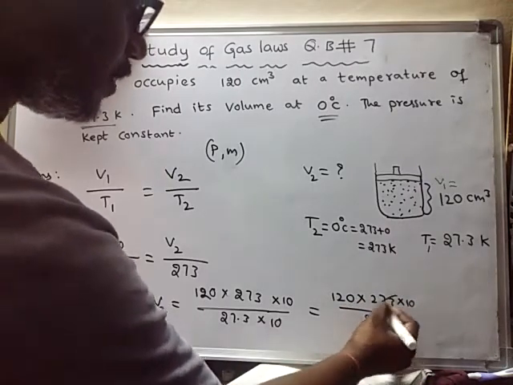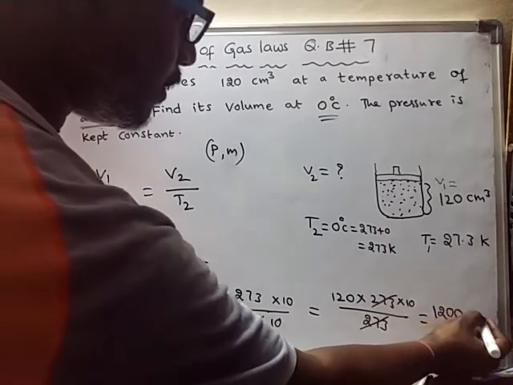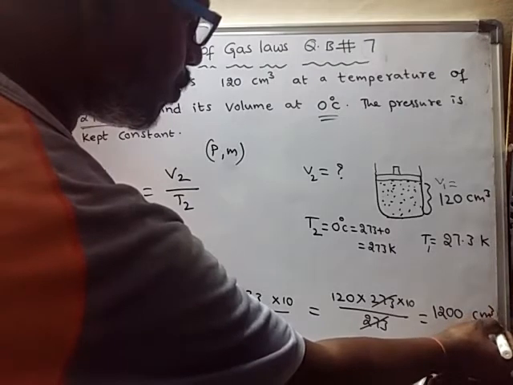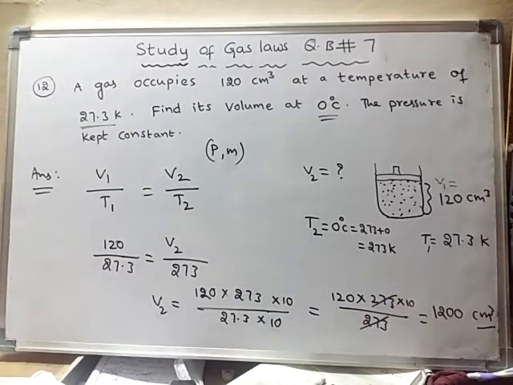Now we can cancel the 273, so it will be equal to 1200 centimeter cube. The new volume V2 will be equal to 1200 centimeter cube.